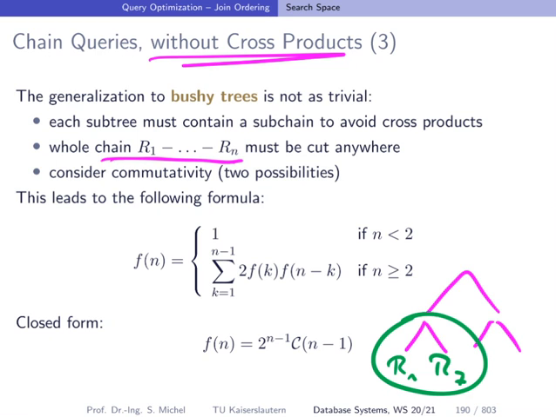Otherwise we cannot join them because we don't have cross products. So in the end we can derive that we have 2 to the n minus 1 possible combinations for the correct assignment of relations to the leaves according to the chain query graph, right? Times Catalan number of the order n-1 for the structures, right?